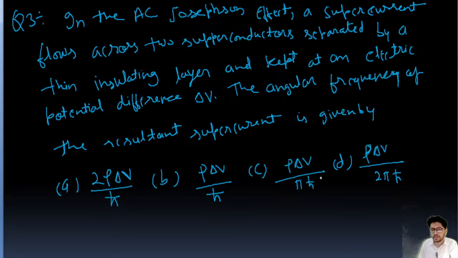So this is the question: in the AC Josephson effect, a supercurrent flows through two superconductors separated by a thin insulating layer and kept at an electric potential difference delta V. The angular frequency of the resultant supercurrent is given by.